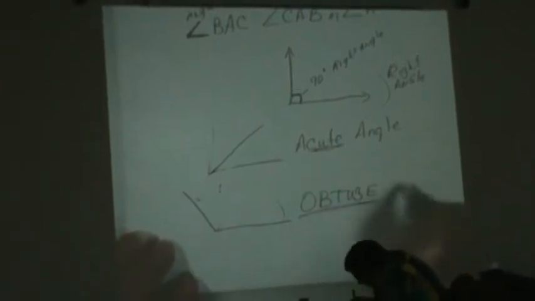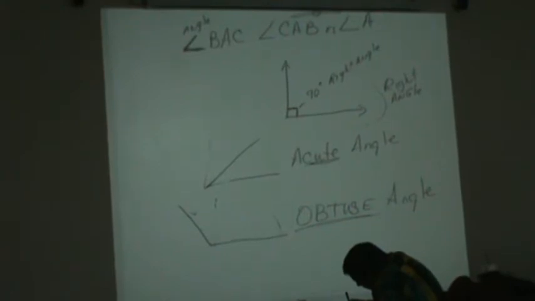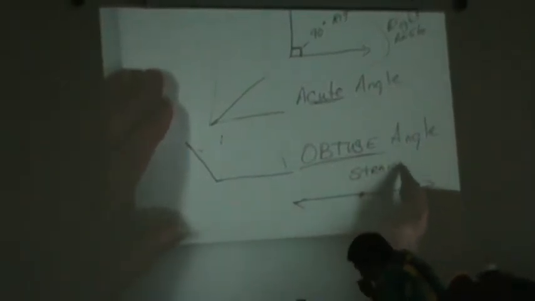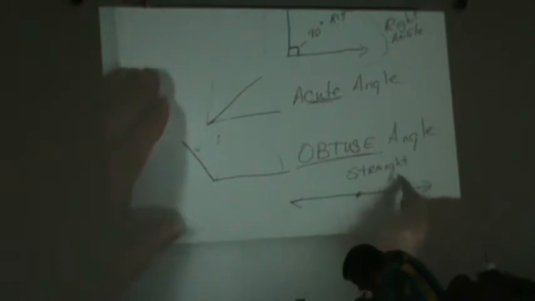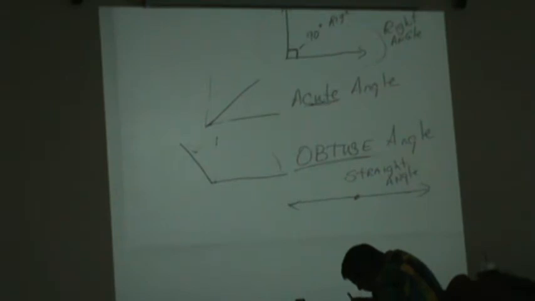Like obese, big, obtuse angle. There's also a straight line, which is a straight angle. If it's a line, it's a straight angle. Okay, so that's your types of angles.